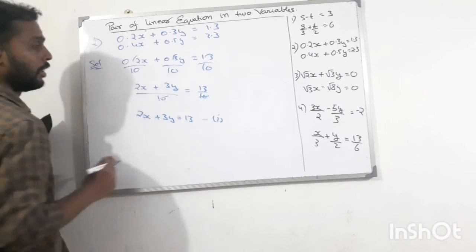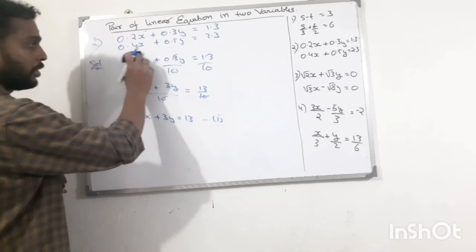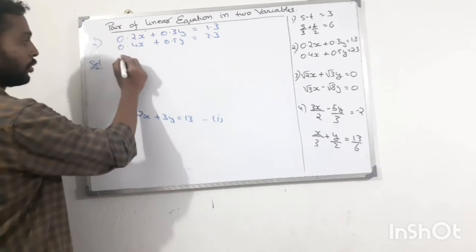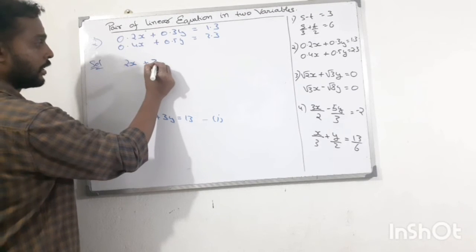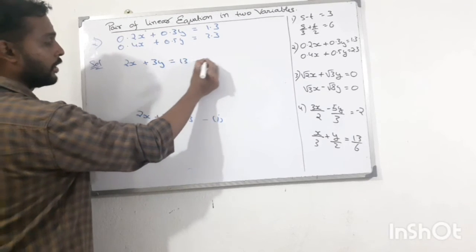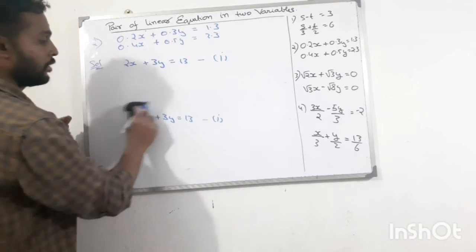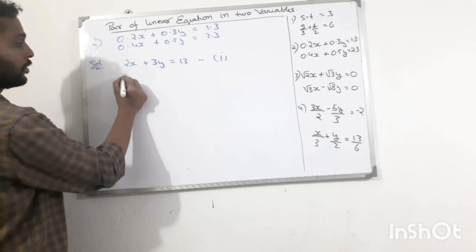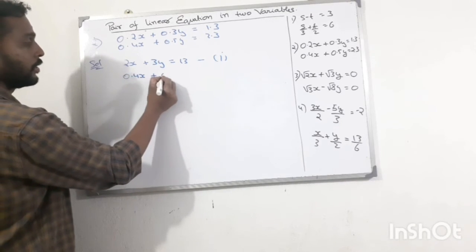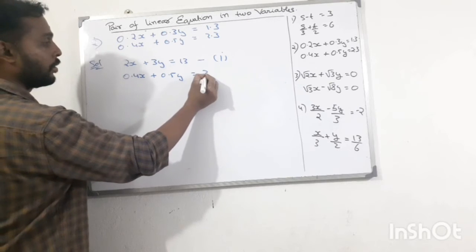This is our equation 1. So we can write this equation in place of this. So like this we can write 2x plus 3y is equal to 13. It is our equation 1. So like this only we can solve the next equation: 0.4x plus 0.5y is equal to 2.3.